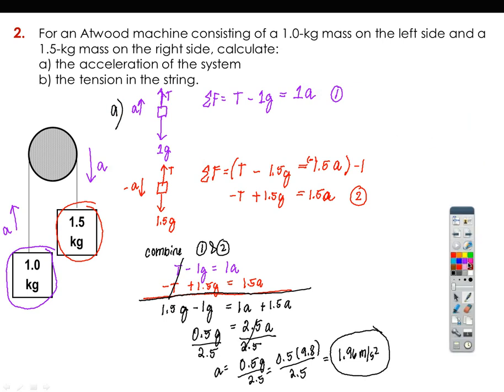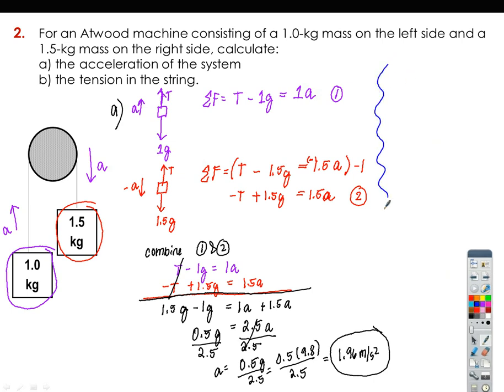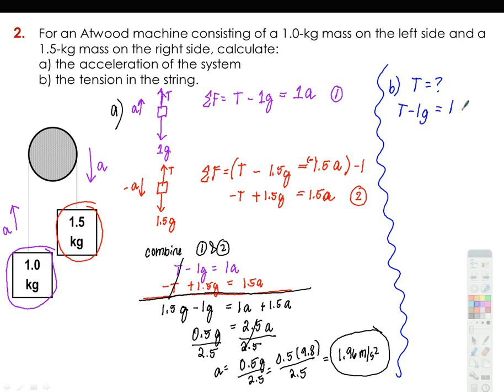Okay, for letter B, I'll make it the blue color. We need to find the tension. Okay, since the tension in this and this one are the same, we can use either equation 1 or equation 2. I'll be using equation 1. You should come up with the same answer.